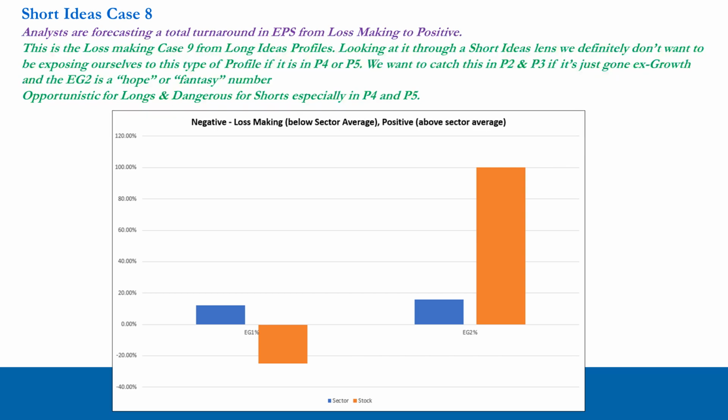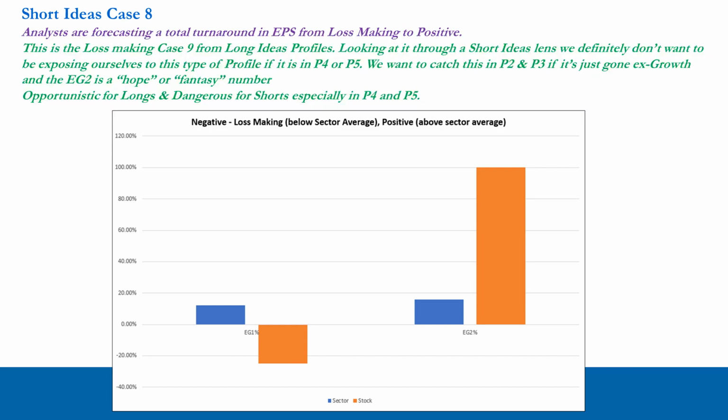Yes, we can do further quantitative and qualitative work on this to determine whether we think the earnings growth number in period 2 is a hope or fantasy number, or the expectation is just simply too high.